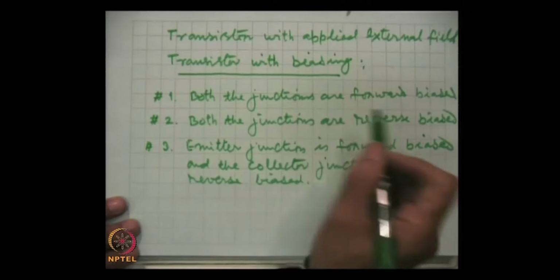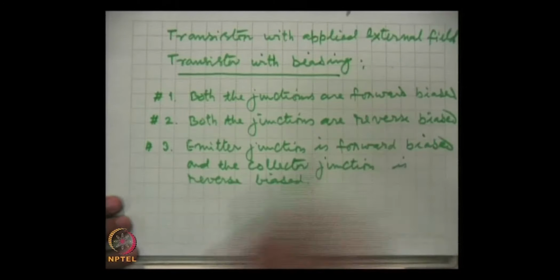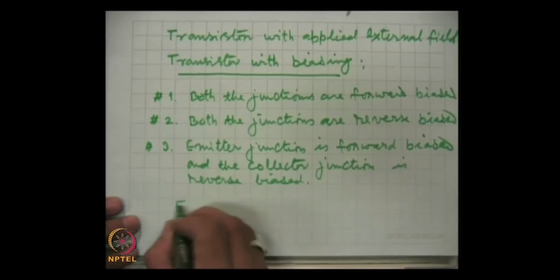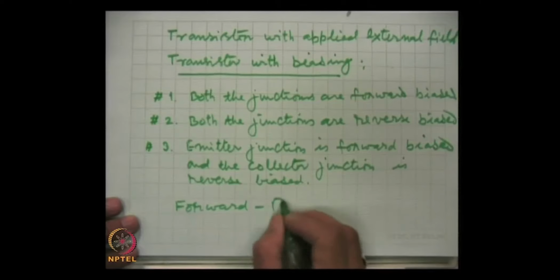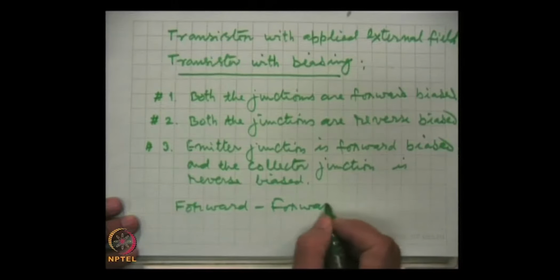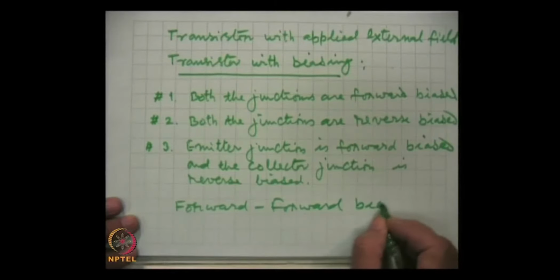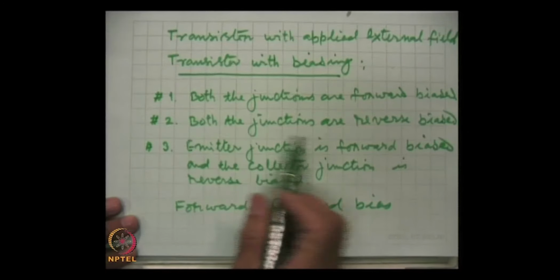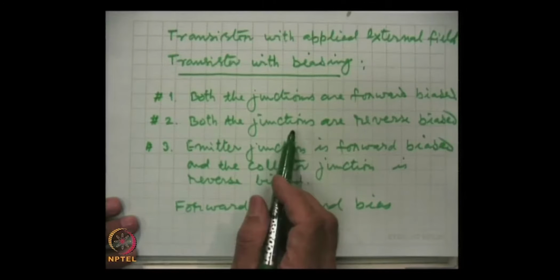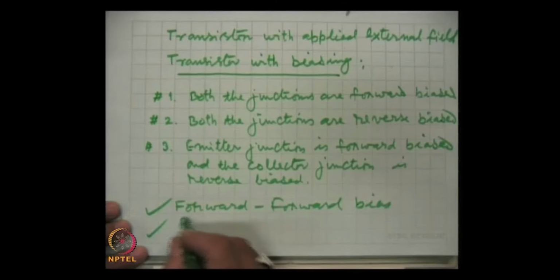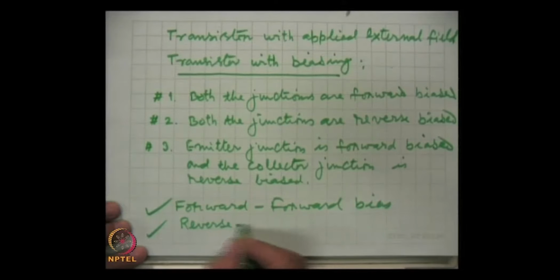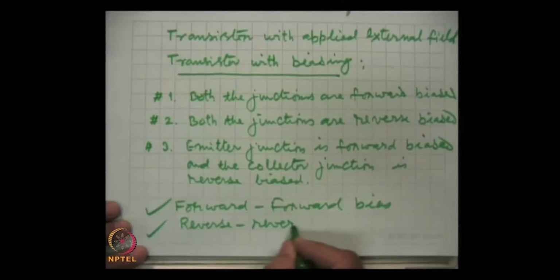Now, when both the junctions are forward biased, this is also called forward-forward bias. When both the junctions are reverse biased, this is also called reverse-reverse bias.